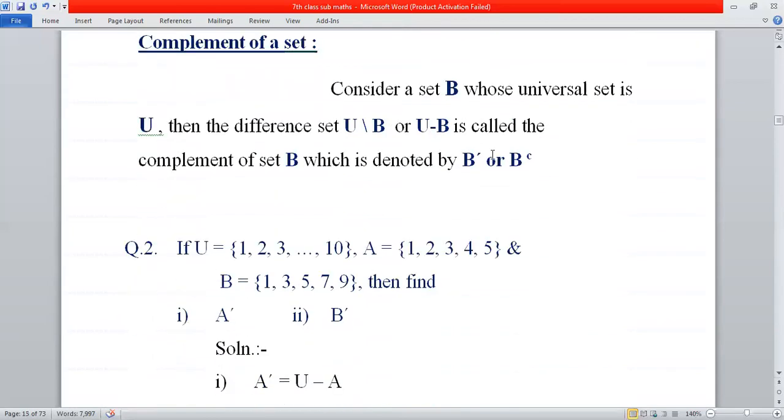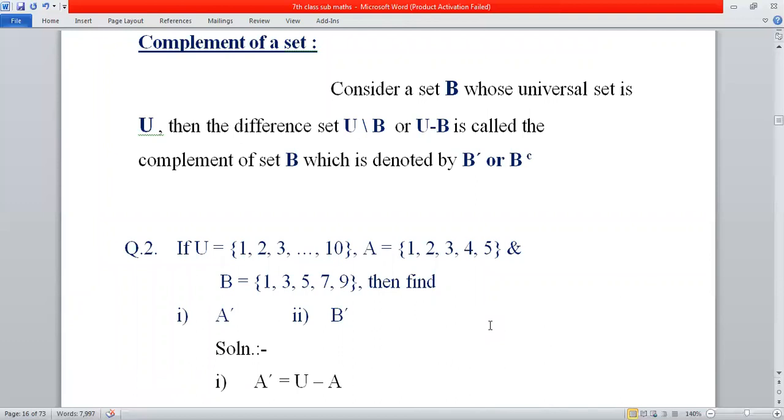The third concept which we studied is the complement. Complement is just like the difference of two sets. In difference of two sets, you know that from the universal set you subtract that set, and that will be the complement. Question number 2 has four parts; we discussed two parts here, A complement and B complement, and you will do C complement and D complement in the same way.